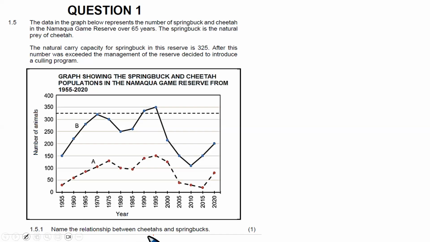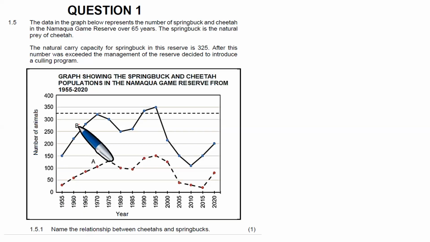Name the relationship between cheetahs and springboks. What is the relationship between the cheetahs and springboks? Okay, it's an easy one. If you look at this graph here, the number of the animals, in 1955 you can see there are some animals there between 0 and 50.